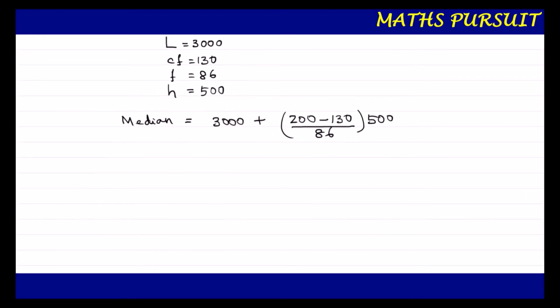Now guys, I can write median is equal to 3000 plus 200 minus 130 upon 86 into 500.